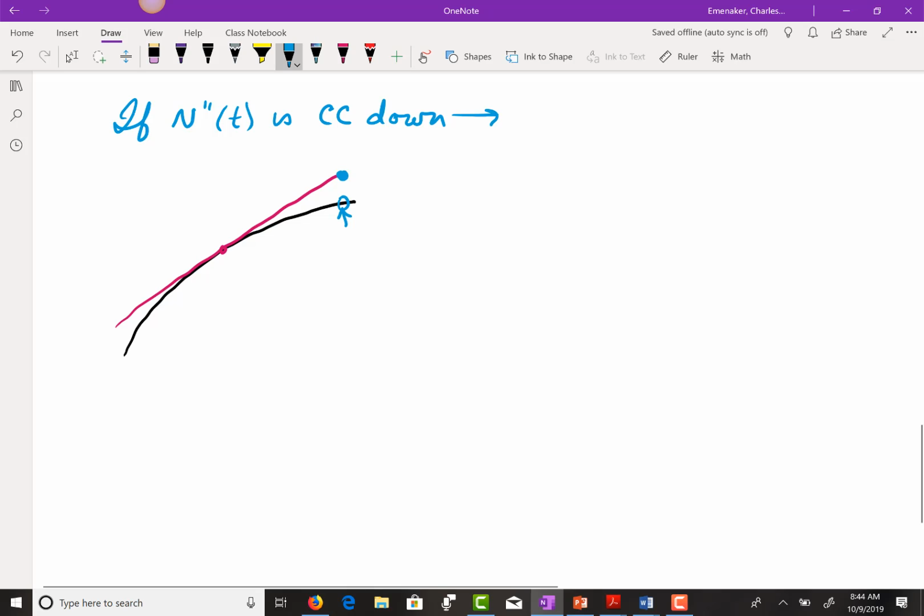If it is concave down, our estimate is going to be too high. The estimate based on N prime of t will be too high.